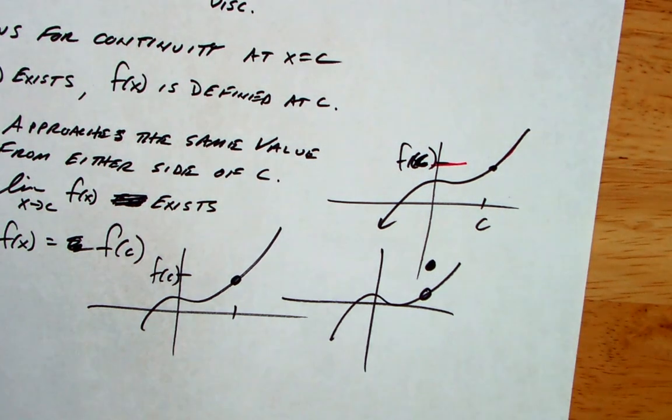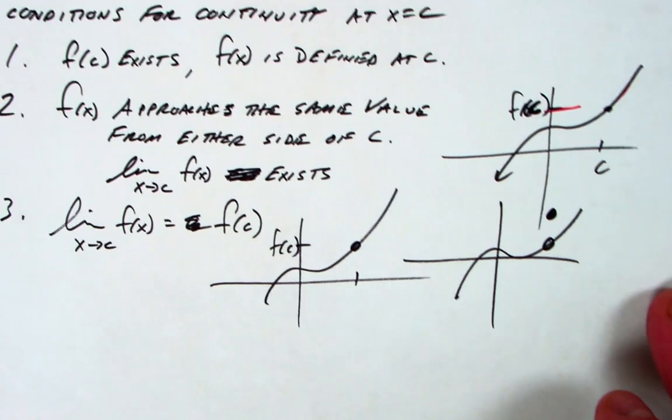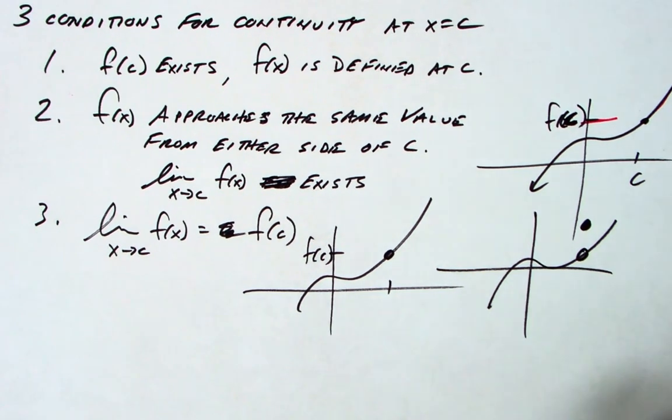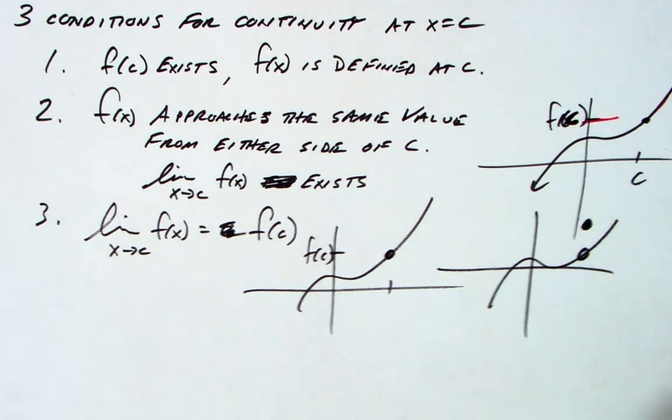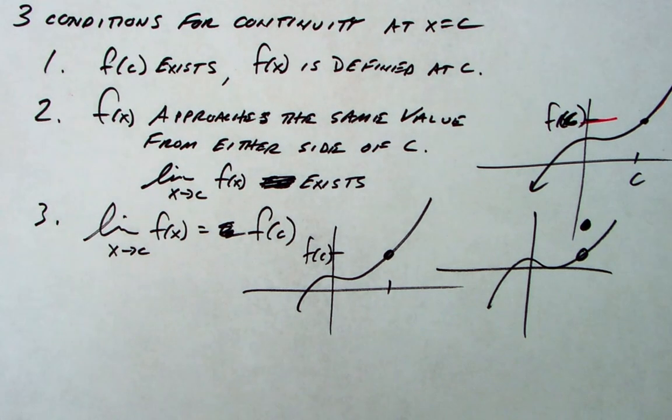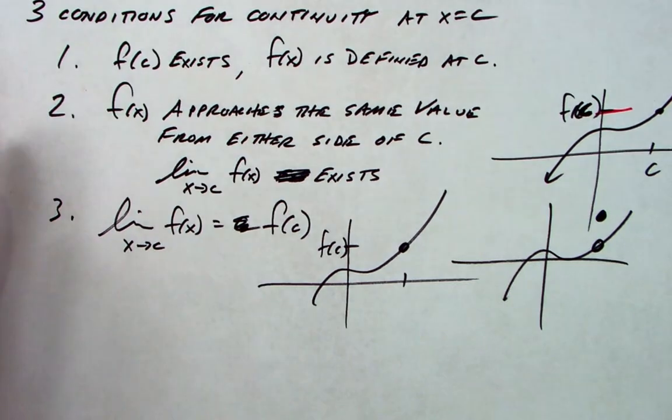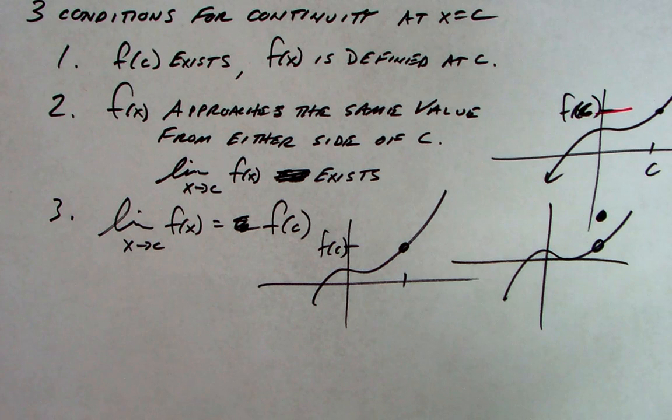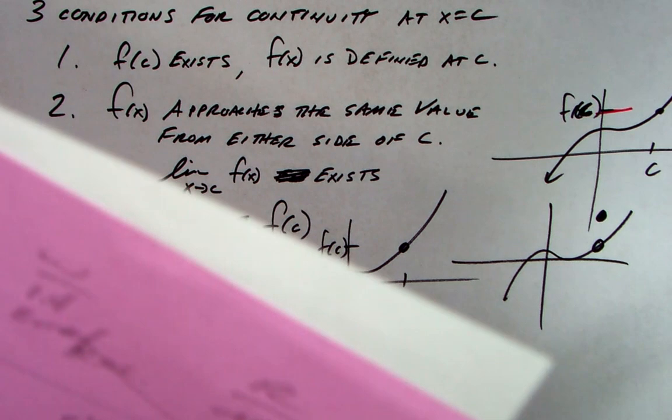So what we're going to do is an example here. We're going to go through all three phases and see if a function is continuous at a certain point. Excuse me. So here we go. We're going to do a problem from the textbook. I have chosen number 3 in class.